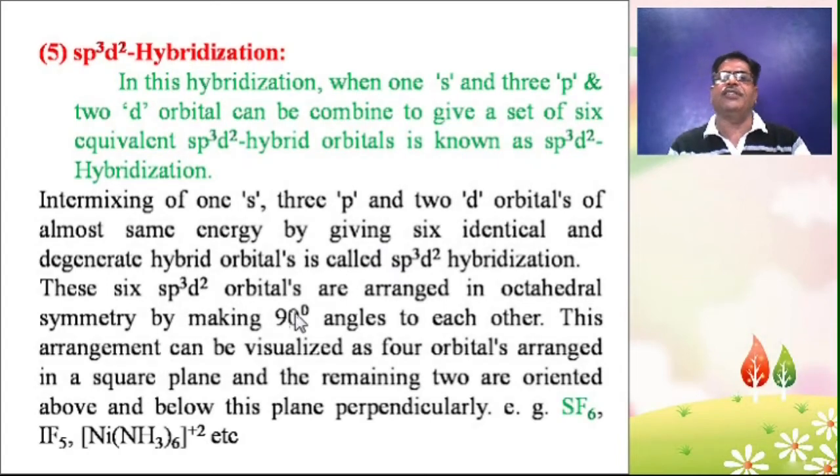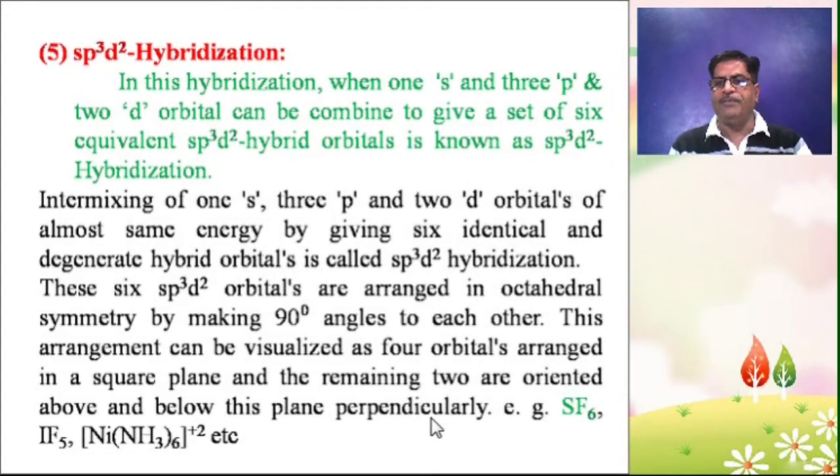These 6 sp3d2 orbitals are arranged in octahedral symmetry, making 90-degree angles to each other. This arrangement can be visualized as 4 orbitals arranged in a square plane, and the remaining 2 oriented above and below this plane perpendicularly.